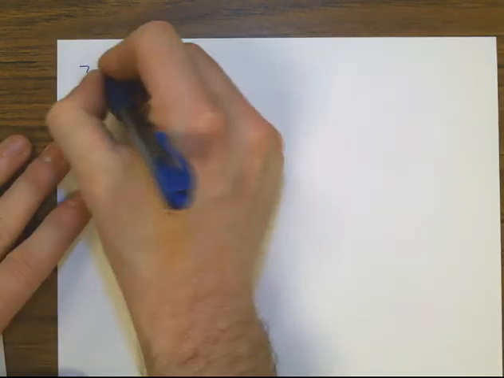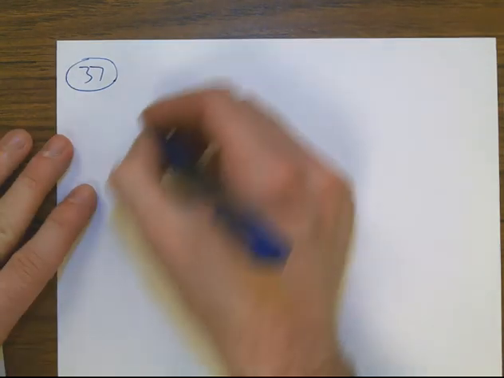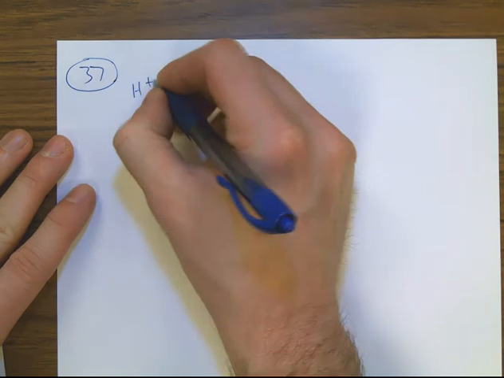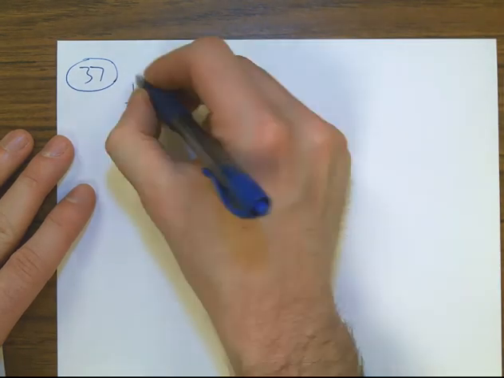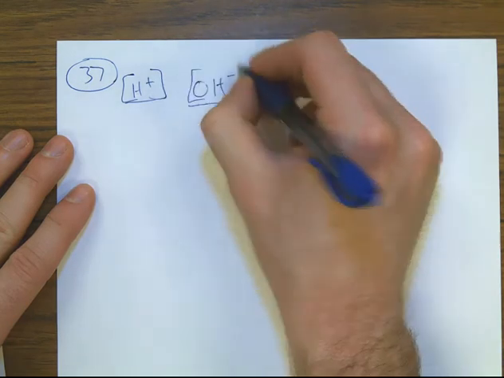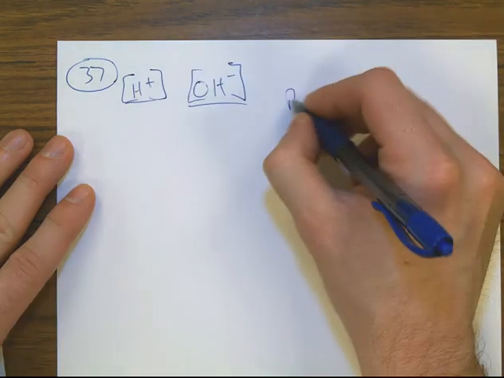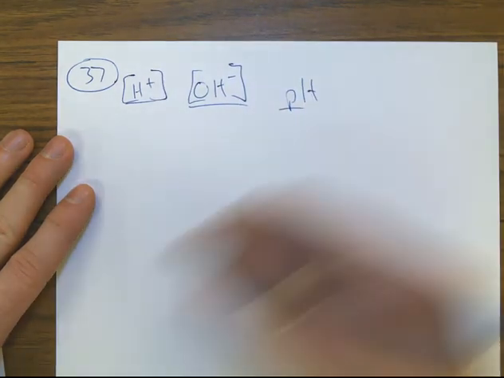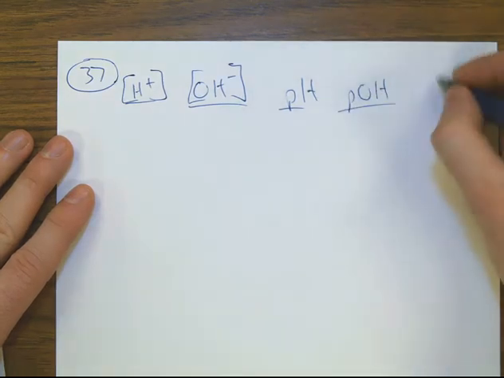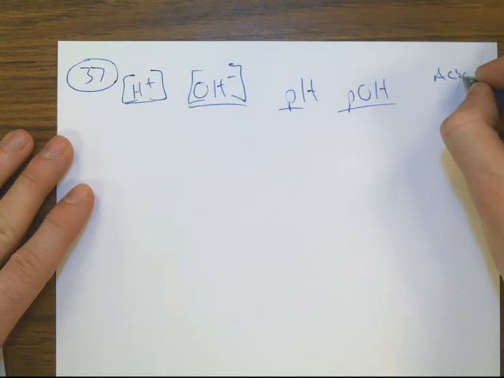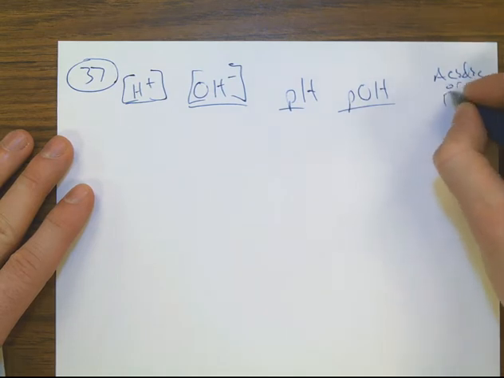Problem number 37 from chapter 16 gives you a table. And in this table, you've got H+, OH-, and by the way, each of these are concentrations in molarity. And then you have pH, and then you have pOH, and then you have to identify whether the solution is acidic or whether it is basic.